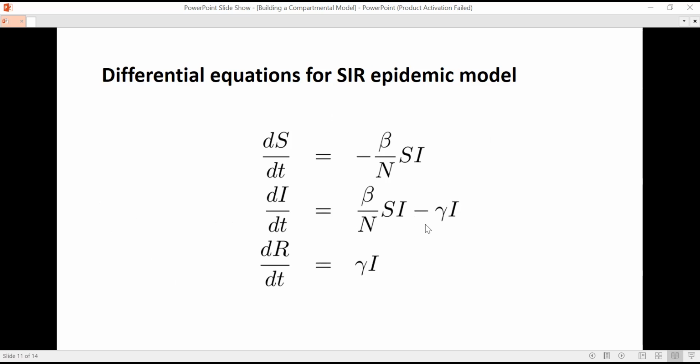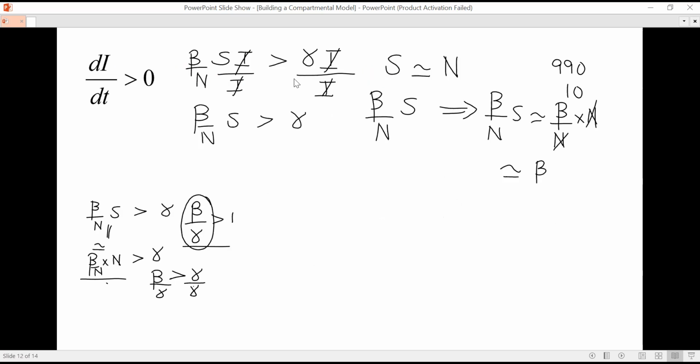If we take this particular part to the other side, it will be plus gamma I. So we'll have beta over N S I being greater than gamma I, because we've crossed it to the other side. That is what we have here: beta S I over N minus gamma I greater than 0.